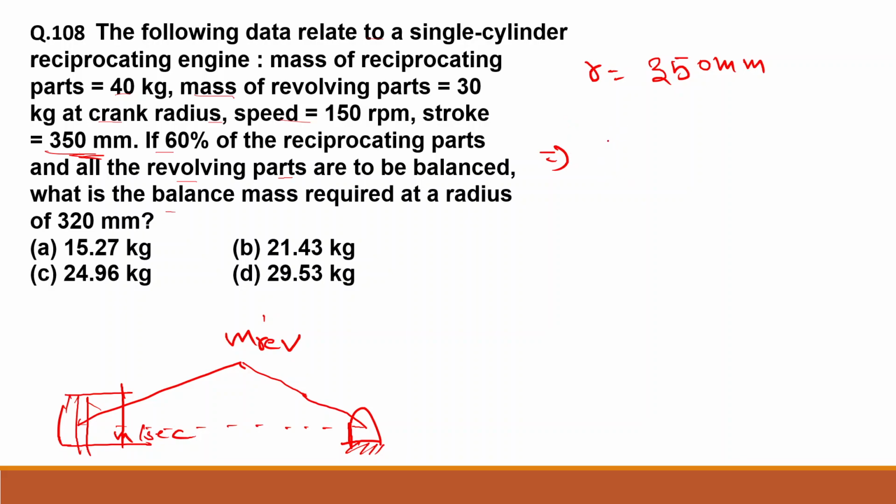I will write here 30 plus 60%, which is 0.6 into reciprocating mass. Reciprocating mass given is equal to 40 kg. I will write here 40.